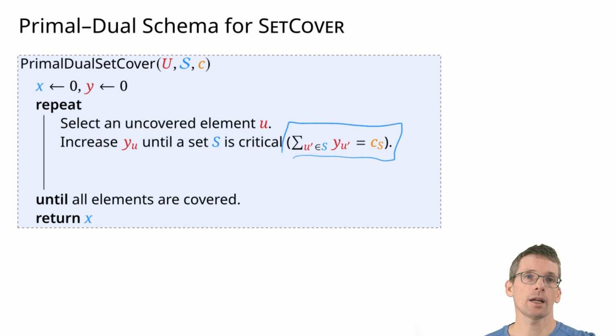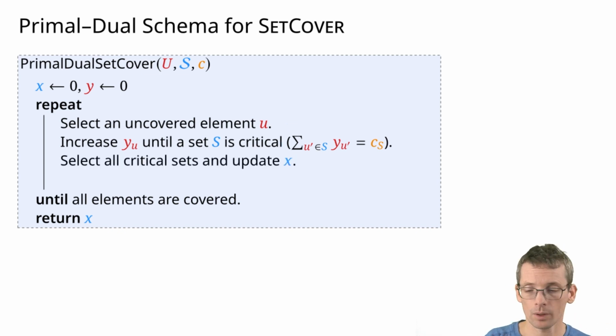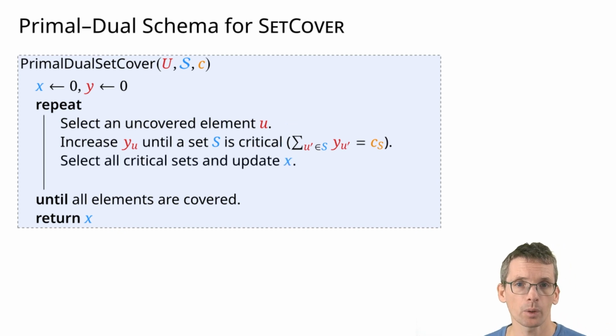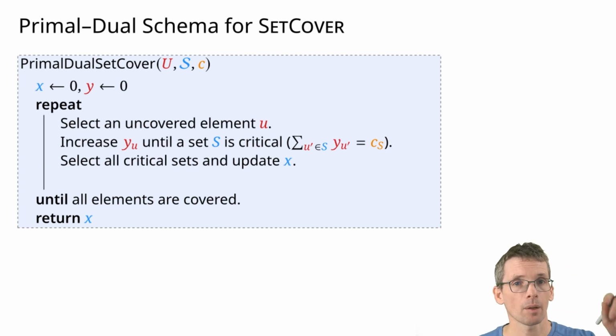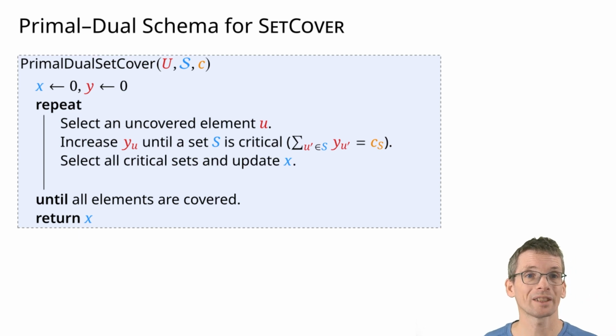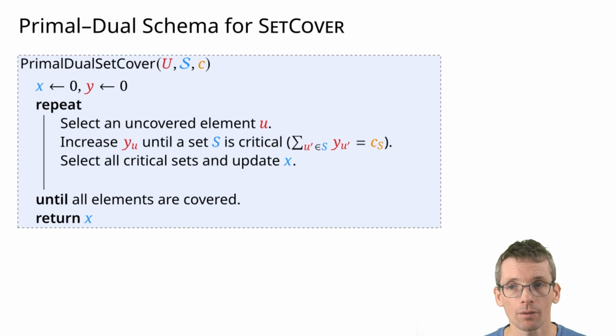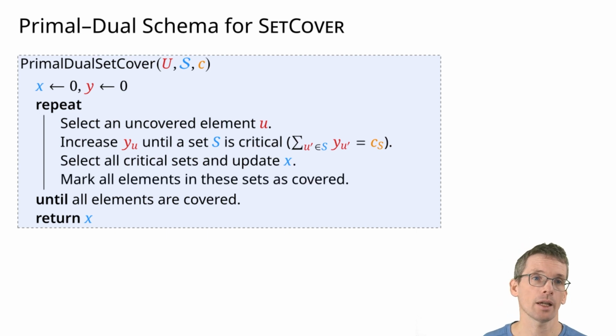That set I then select as a critical set, and if there are several sets for which I get equality at the same time, all of those are now critical sets. I'm going to update the x accordingly, setting x to 1 for those sets, and then I'm going to mark all of the elements that are covered by these sets as being covered, so I don't have to consider them anymore.